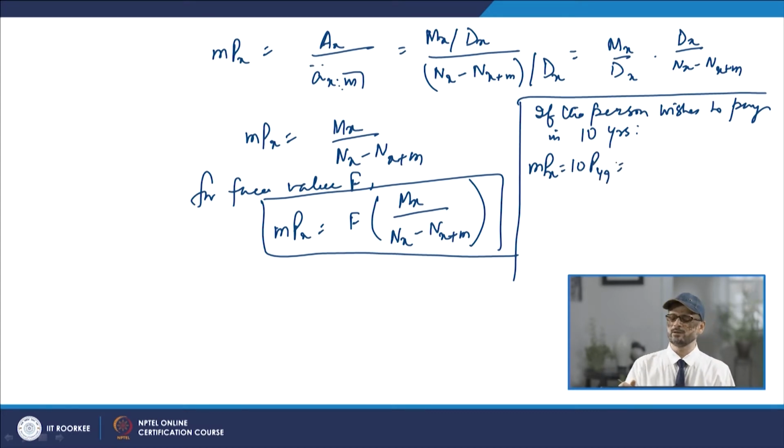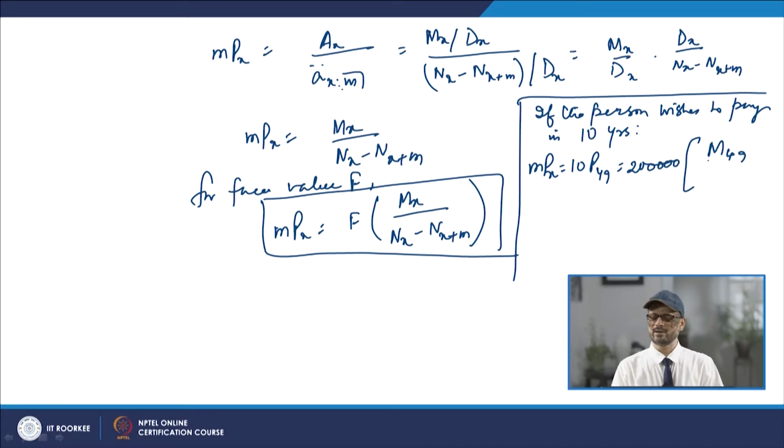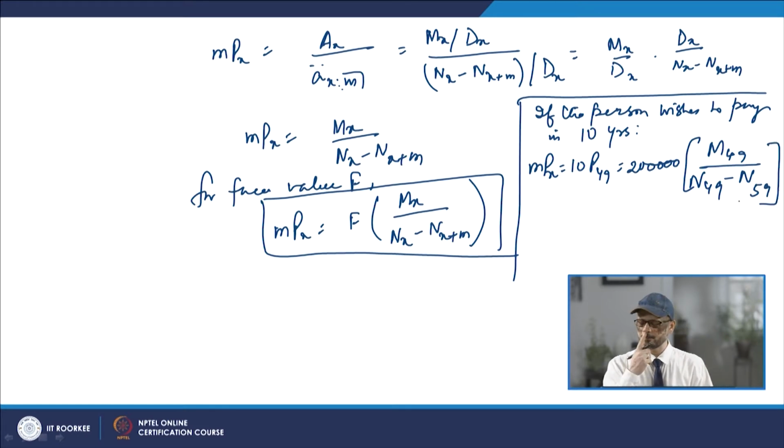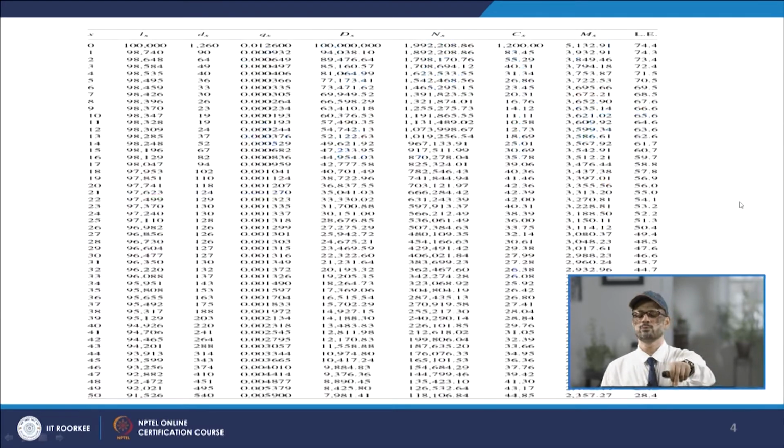Now, this will be 2 lakh multiplied by Mx, so M49, divided by N49 minus N59. Now, you can refer to the table, and M49 will be 2400.44.